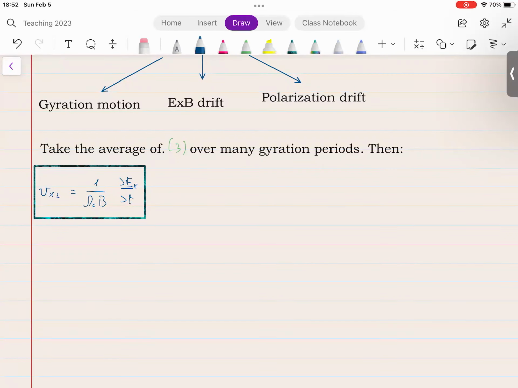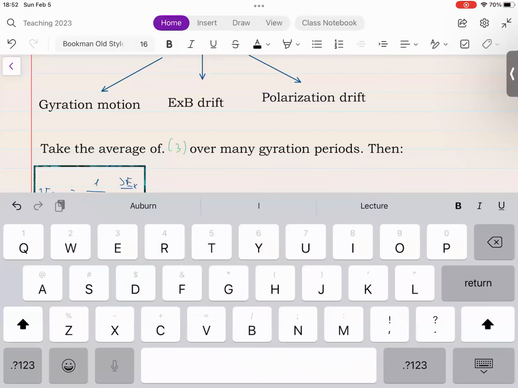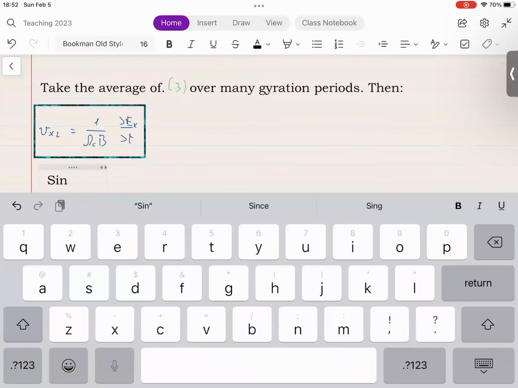And therefore, I can write it as follows, and I'll put this in writing so we're clear about what I'm doing.